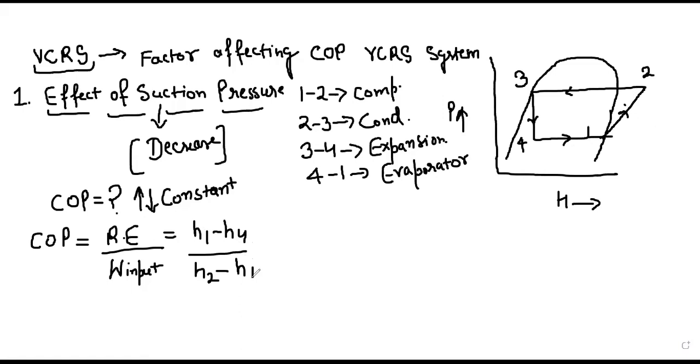Okay. Now what is the next step? If we decrease or increase the pressure, what is going to be the effect of this on the COP? Now he says we are decreasing suction pressure. So at point 1, what is point 1? Point 1 represents the suction pressure.